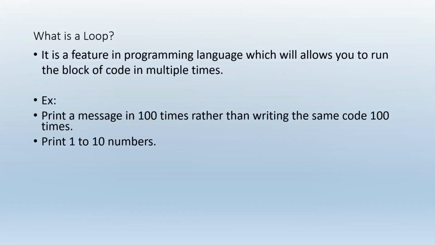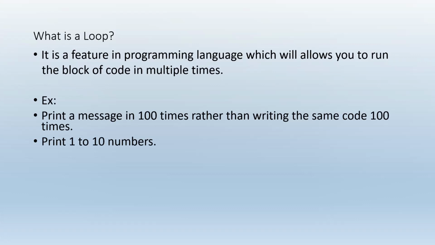What is a loop? It is a feature in the programming language which allows you to run a block of code multiple times. Suppose I want to print one message 100 times. Rather than writing the print statement 100 times, I just use the for loop.